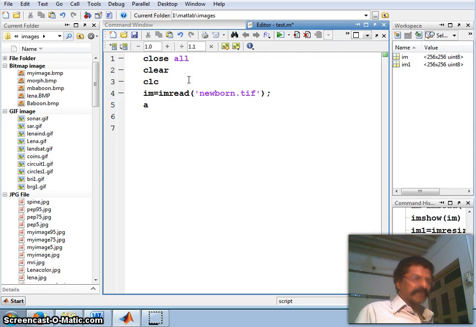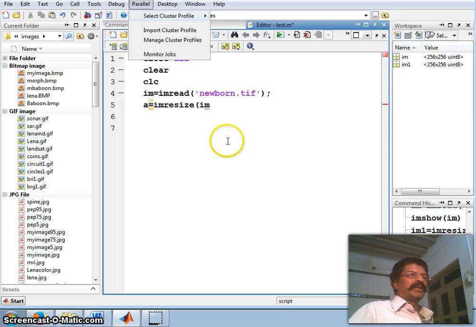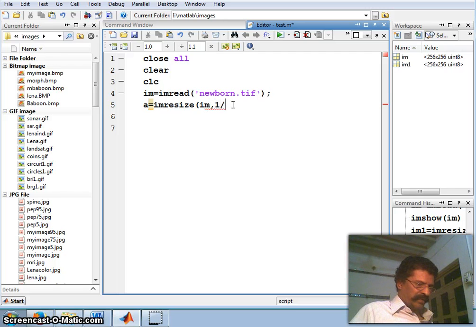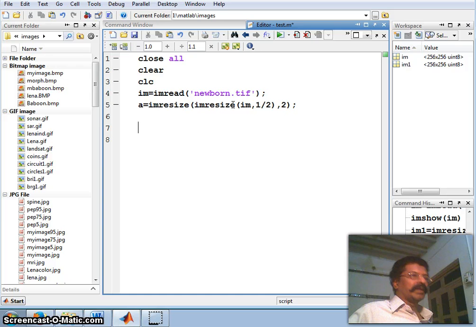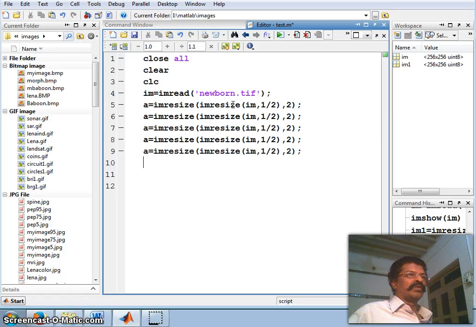Now I will take A equals imresize of this image. I will reduce it to half the size, but we want to compare the resolution at equal size. Therefore I again use imresize. Since I reduced it by half, I make it double. Now in the same way, I reduce the image by 1/4, and to make the unit distance I again expand it by 4.